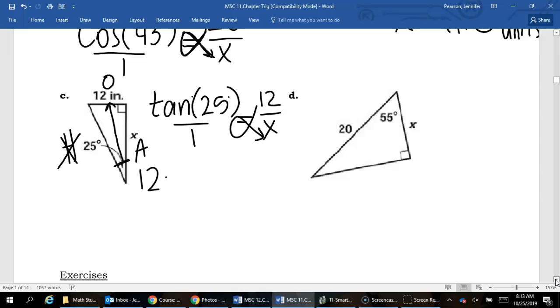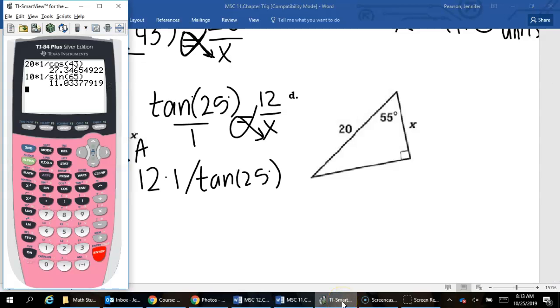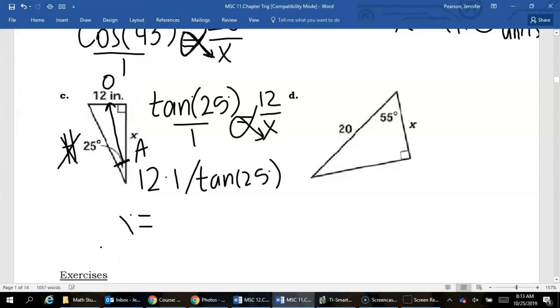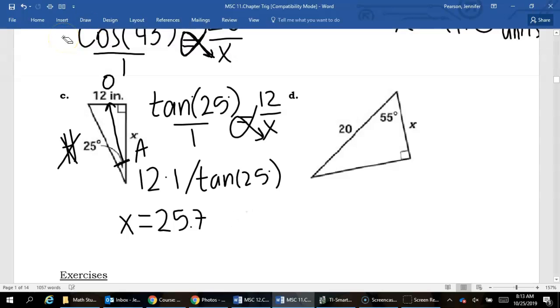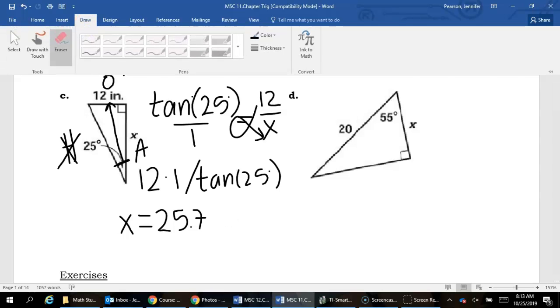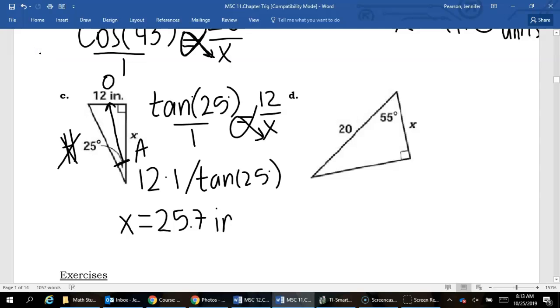That becomes 12 times 1 divided by the tangent of 25. And I can quickly crank that one out, making sure that we're using the tangent button in degree mode, and I get 25.7. We'll go units again. Oh, inches, my bad. Inches.